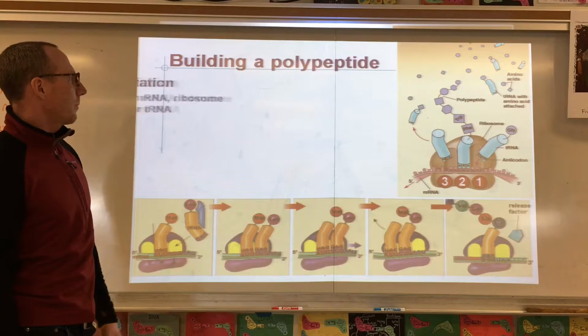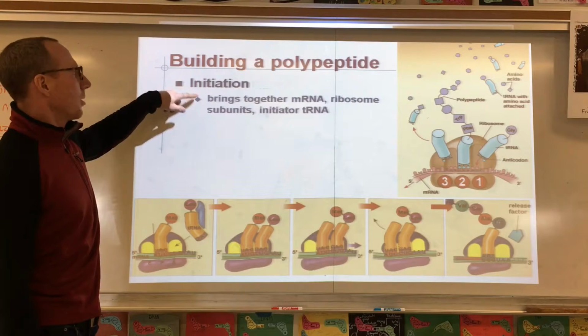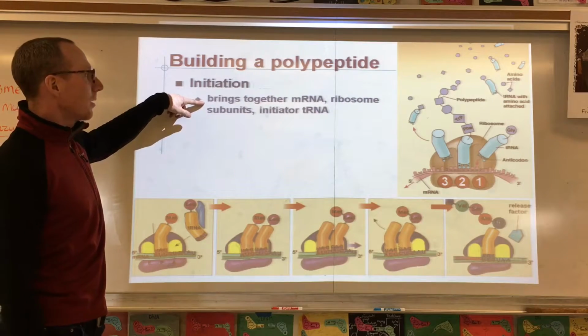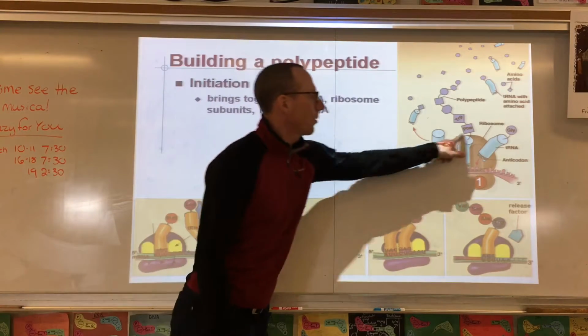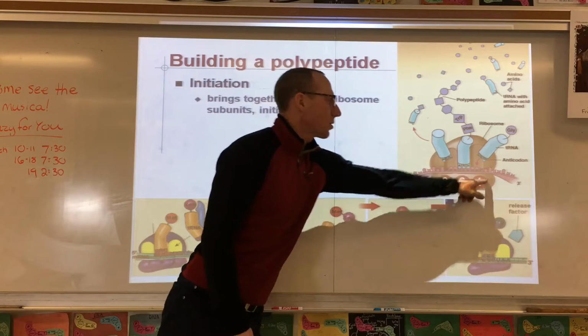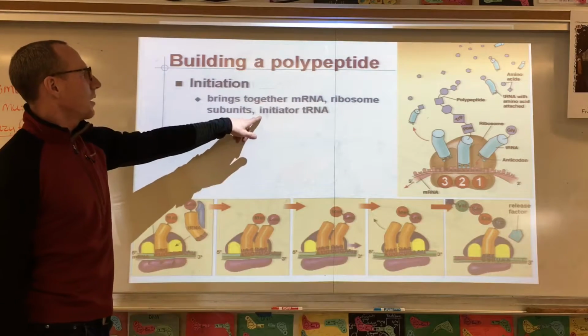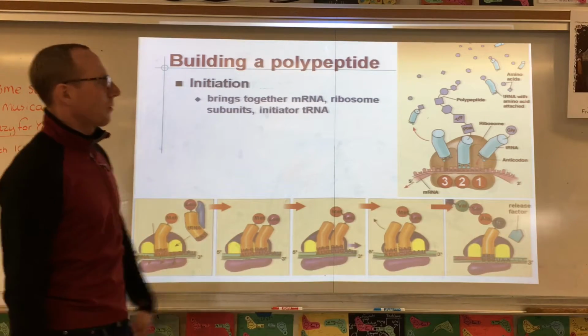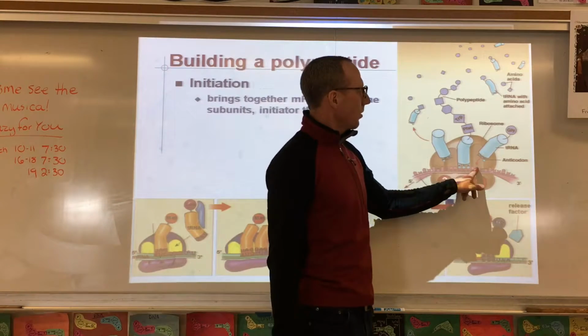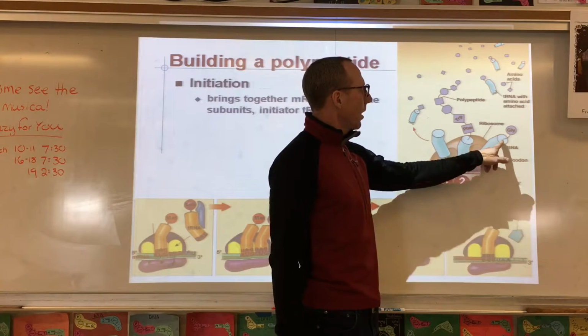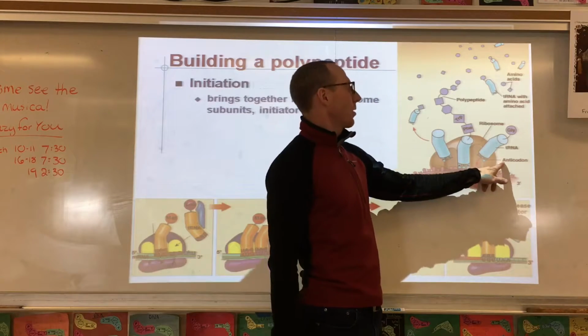For building a polypeptide, initiation brings together messenger RNA, the ribosomal subunits, there's two, a large subunit and a small subunit, and then the initiator tRNA, okay, which is this, okay? And now notice these three little letters, here's the codon, and on the bottom of the tRNA, we have the anticodon, okay?